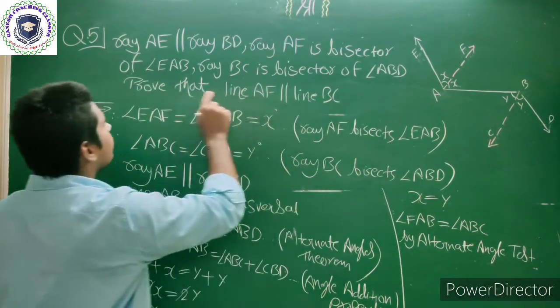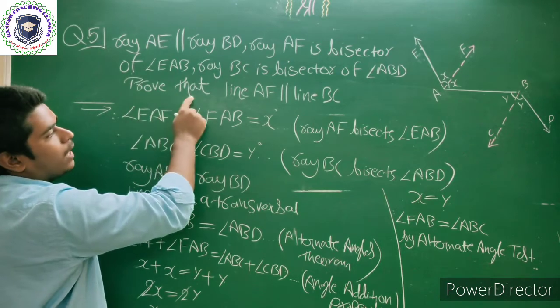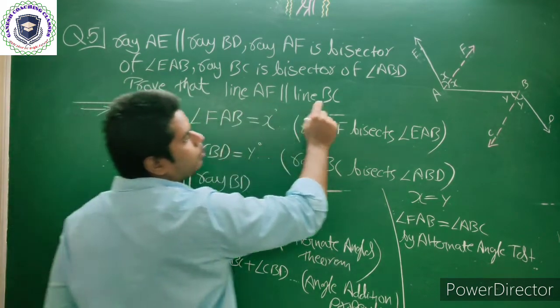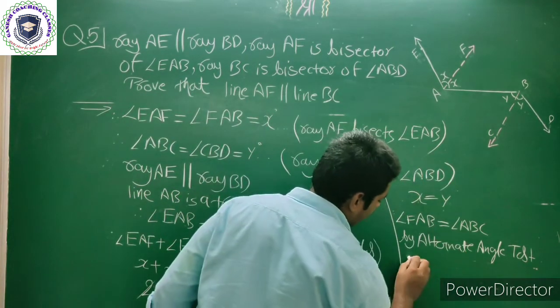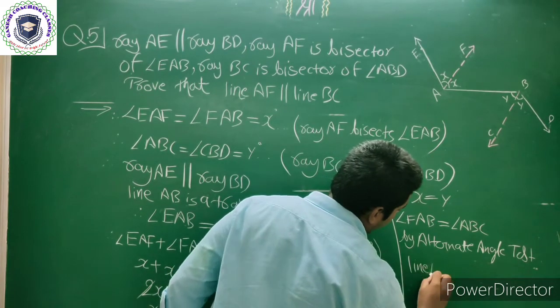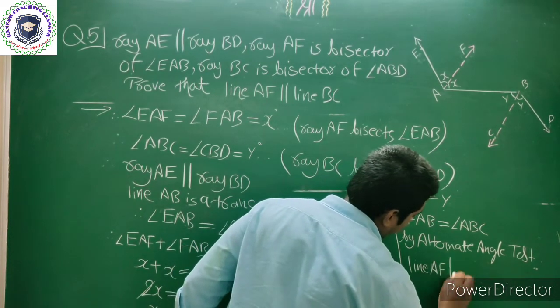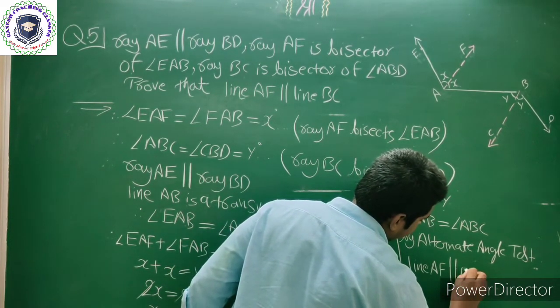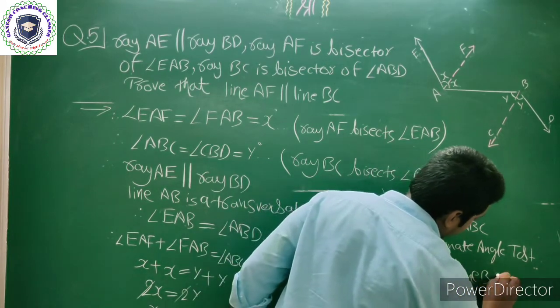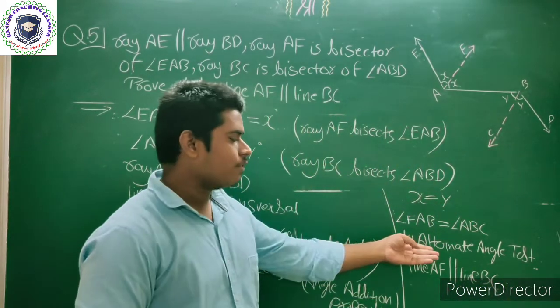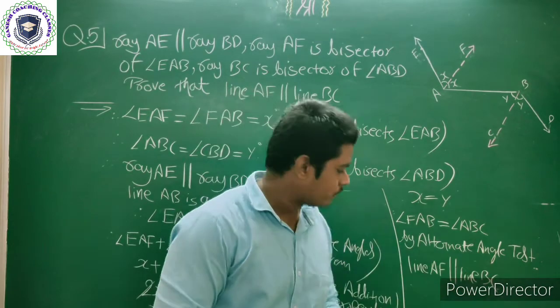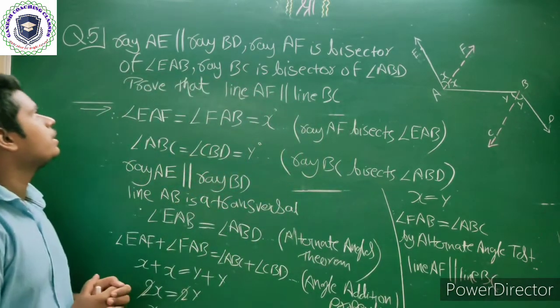We were given in the question to prove that line AF is parallel to line BC. So we can write that line AF is parallel to line BC by the alternate angle test. So we have completed question 5.